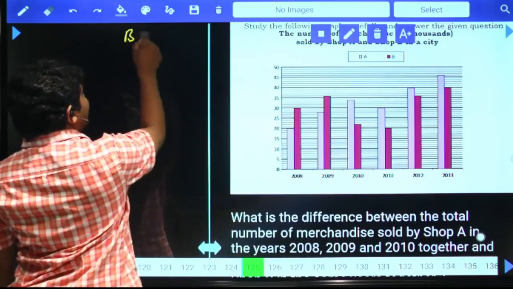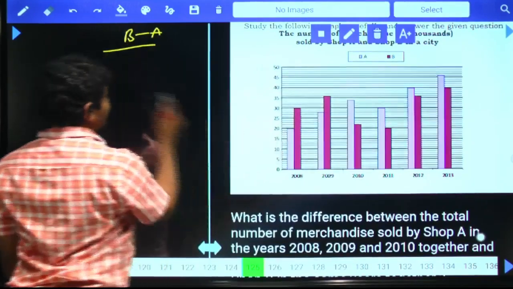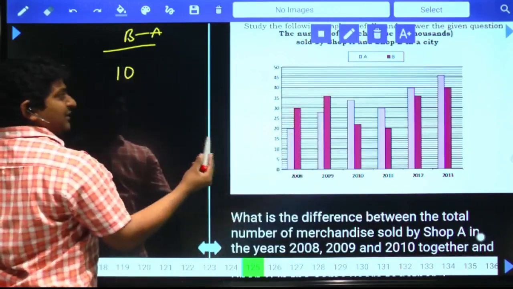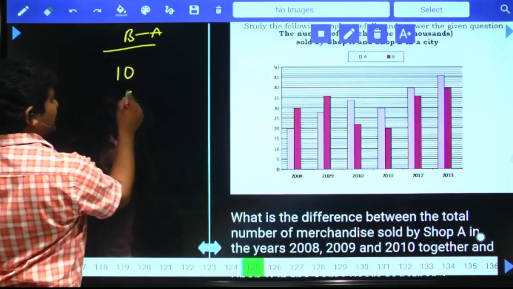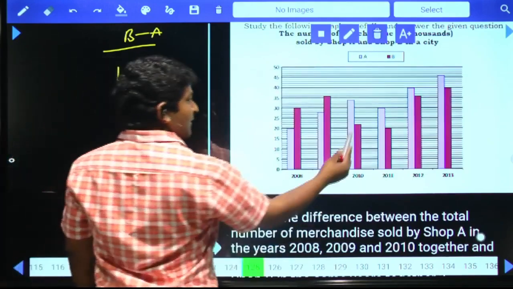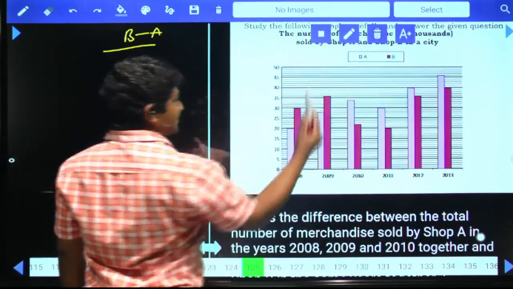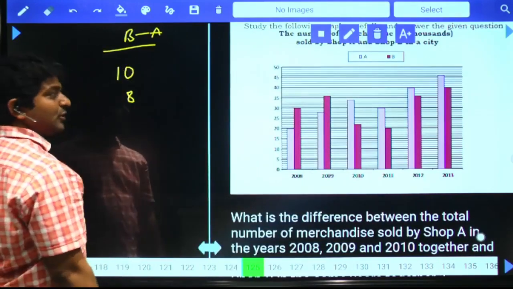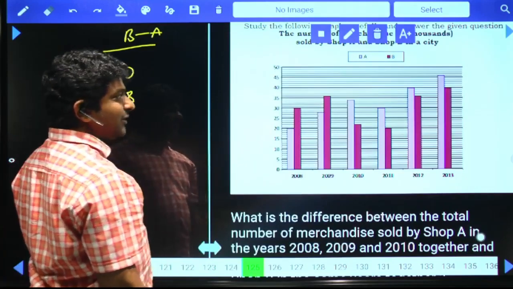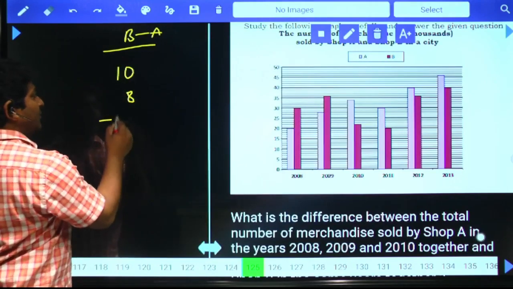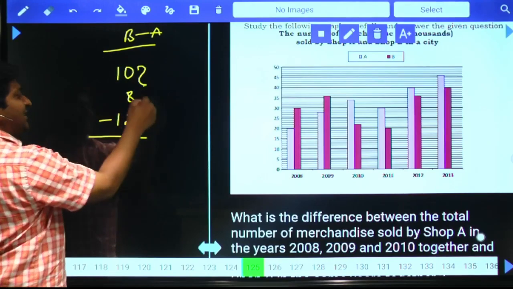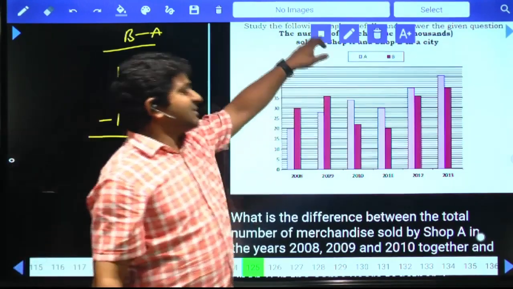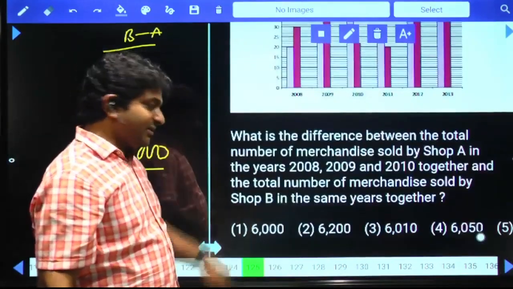I am taking B minus A only. 30 minus 20, 10,000. 36 minus 28, that is equal to 8,000. 22 minus 34, that is equal to minus 12. Now minus 12 plus 18 minus 12, that is equal to 6 and value is 1000. 6,000 is our final answer. First option.